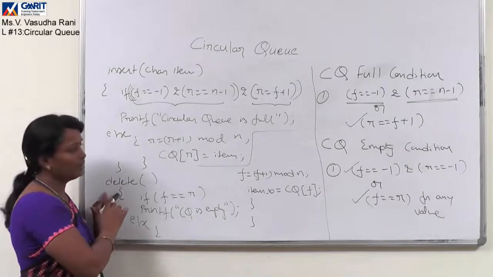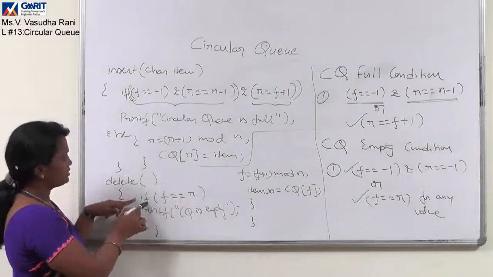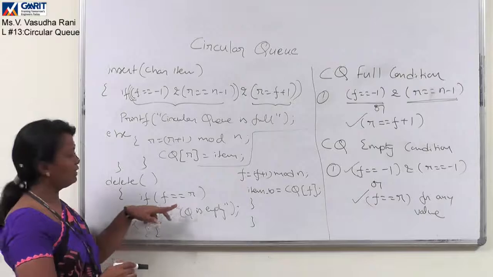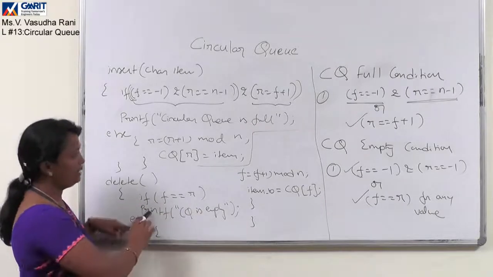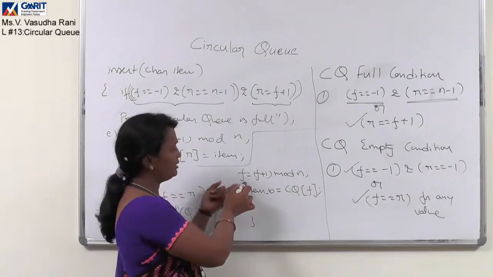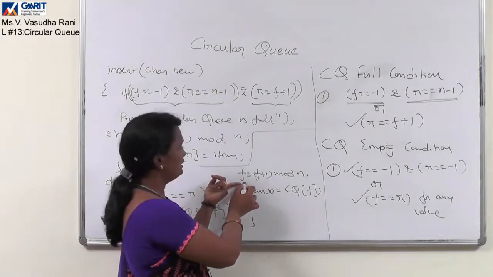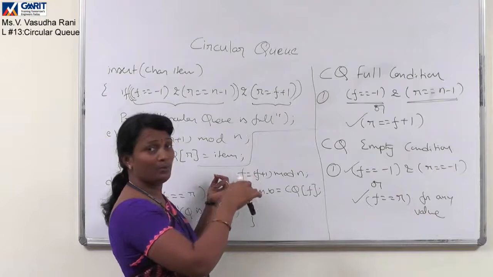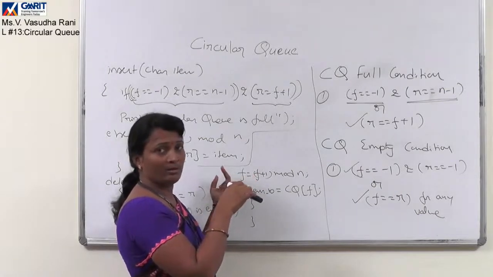Coming to the deletion, first of all we have to check whether it is already empty or not. As and when deletion starts, we have to check whether f is equal to rear. If it is equal, our queue is empty. Else we go on to the f value. To delete, the current f value always refers to an empty location, right?